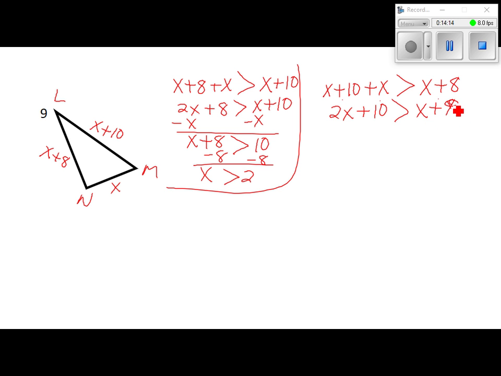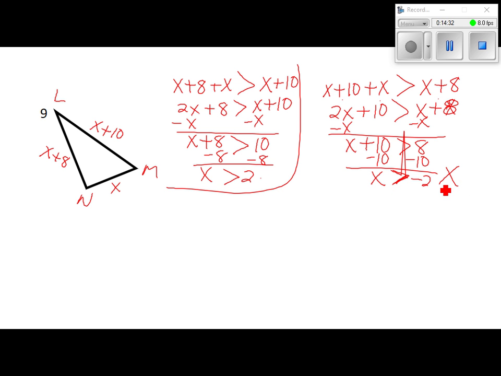Subtract x on both sides, you end up with x plus 10 is greater than 8. Subtract 10, and you end up with x is greater than negative 2. That's a greater than symbol. Well, we already know x has to be bigger than 2, so x being greater than negative 2 doesn't really help us, because if x is bigger than 2, then x for sure is bigger than negative 2.